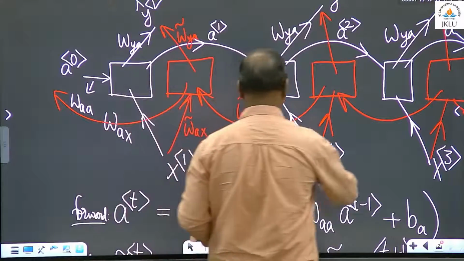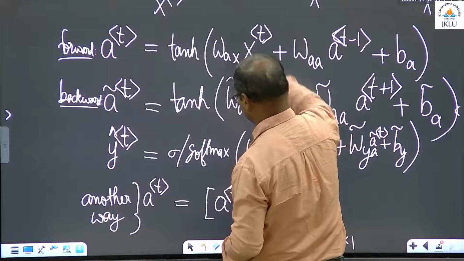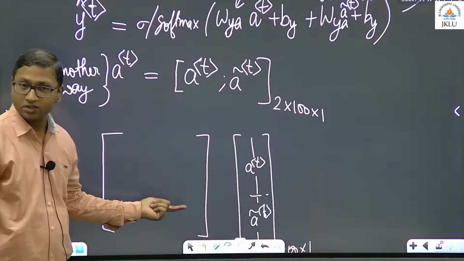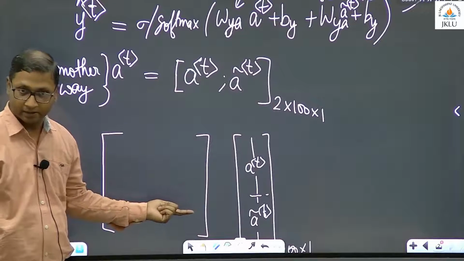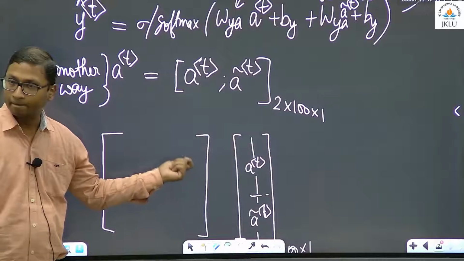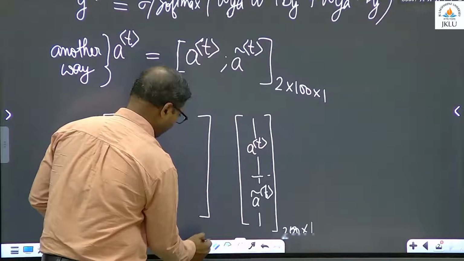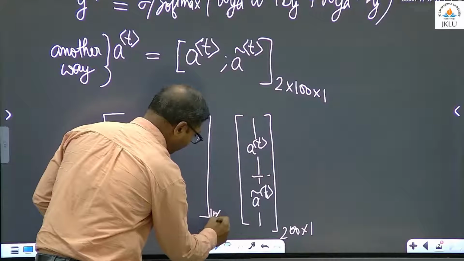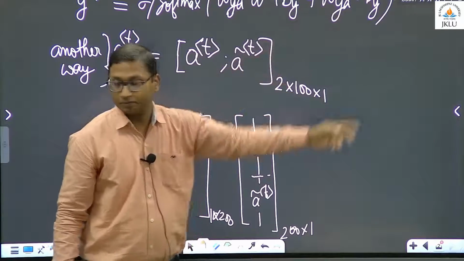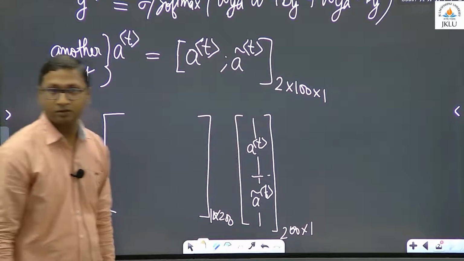So this was 1 cross 100. Now this is 200. Will 1 cross 100 be sufficient here? No. So you will need a matrix of size 1 cross 200, which is the same as writing this separately, because you will have 100 terms again. Okay.